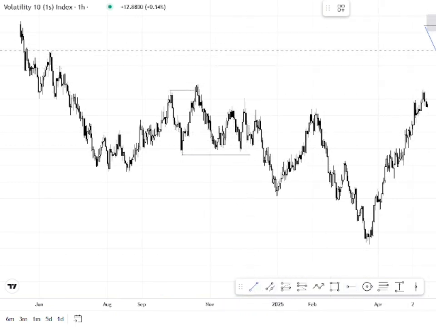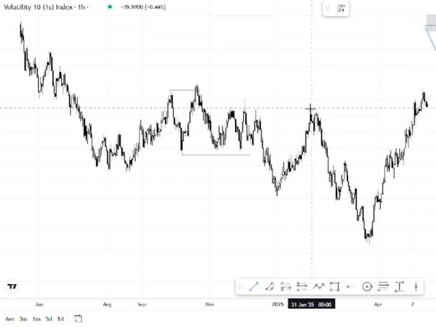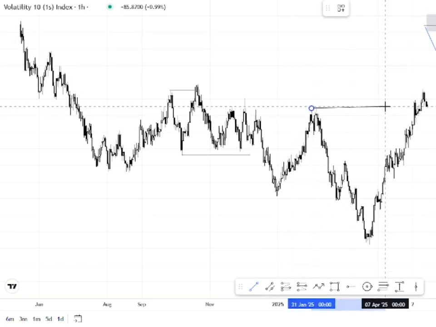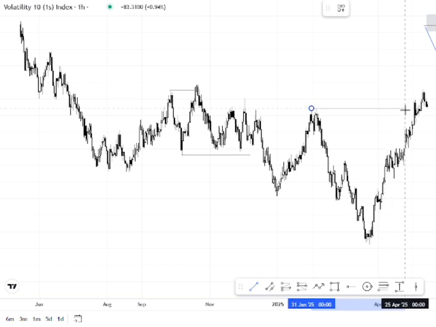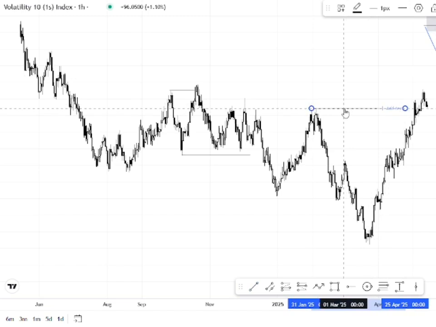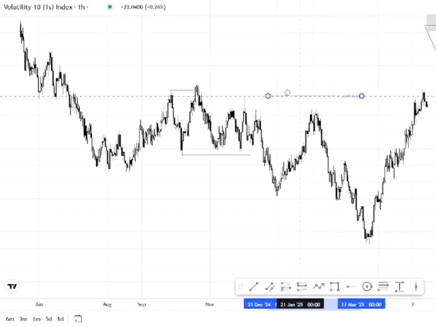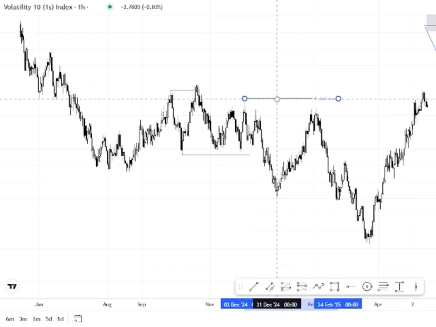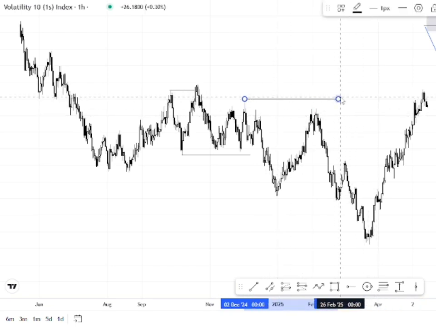I know it's not aligning with what we have here. On a normal setup, this is supposed to be our structural liquidity, which is this internal one here. But in this case, this is the high closest to where we are looking to pick our entry.